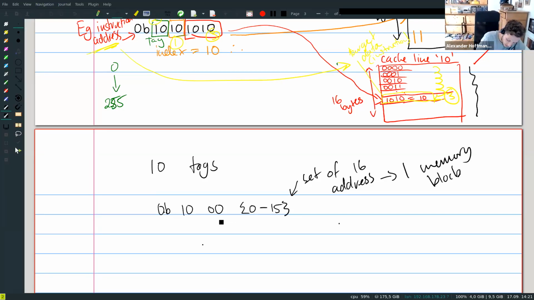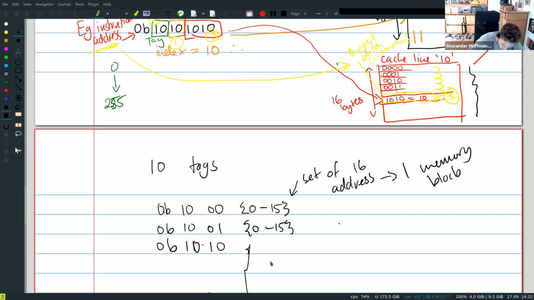But we're only interested in memory blocks. We'd have 0B1001, sorry, 01, and this would also have the 0 to 15 because this is the size of the block. We'd also have the memory address with 10, and this would be 0 to 15.